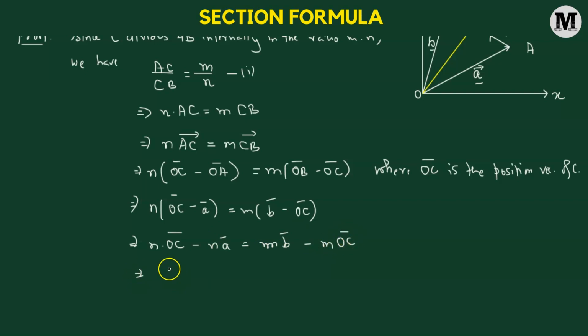Now we need OC vector. We have (n plus m) times OC vector equals n A vector plus m B vector.